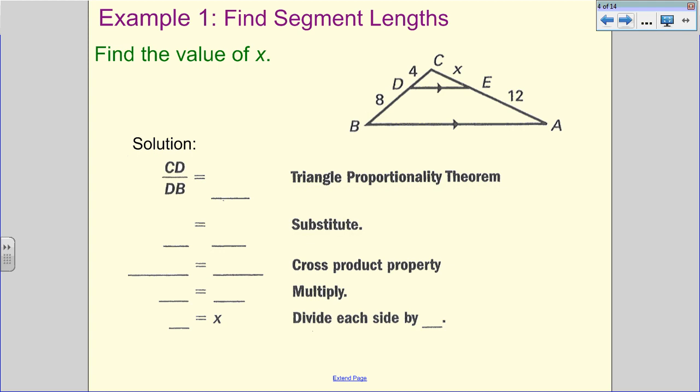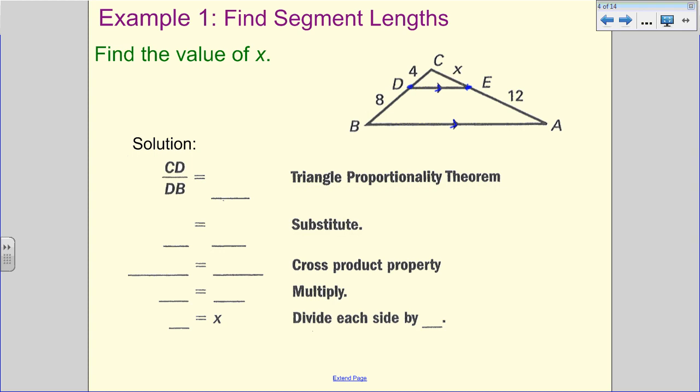So let's try and use that. We want to find the value of x. If you notice, we have what we need. We have these parallel segments, and we have these intersection points. Notice we're only dealing with measurements on the sides that are intersected. There's no measurements on the third side of that triangle. So I can set up my ratios.